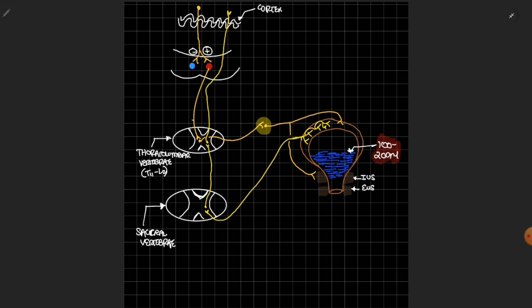Also a collateral branch from here will go to the sacral vertebrae, synapse here, and go to the external urethral sphincter.